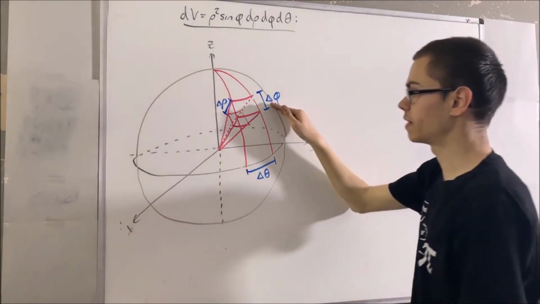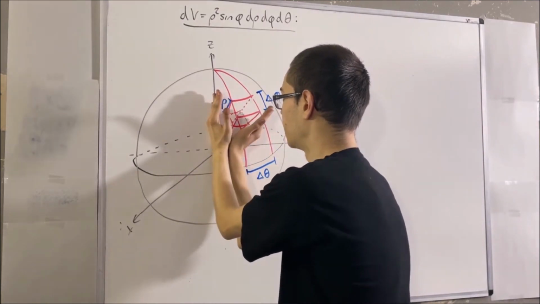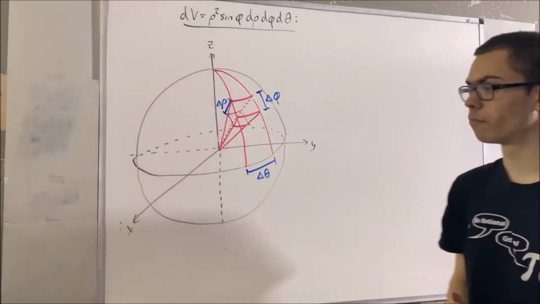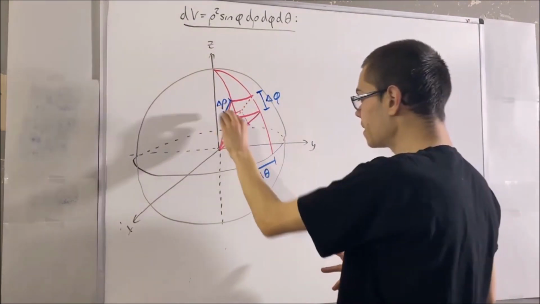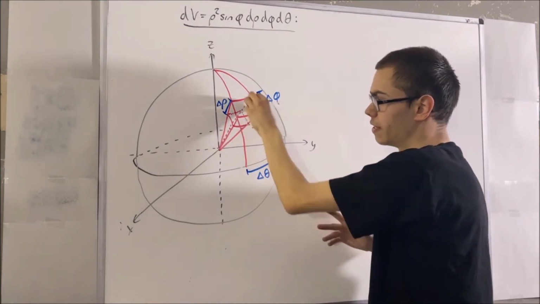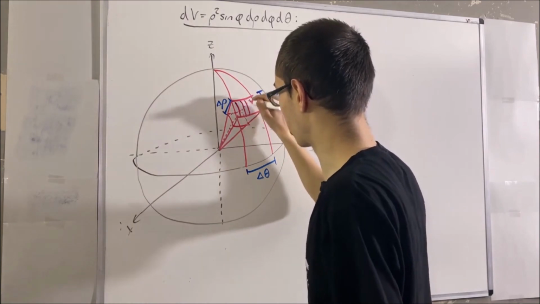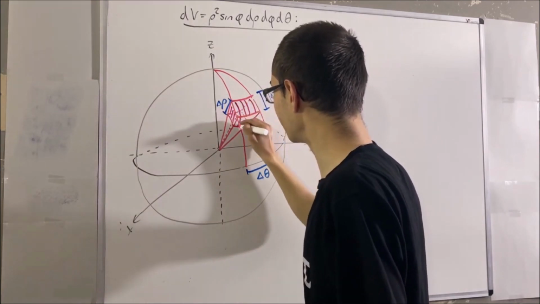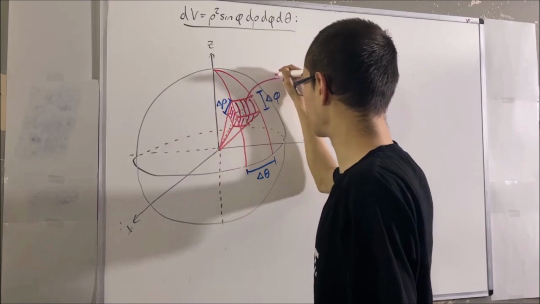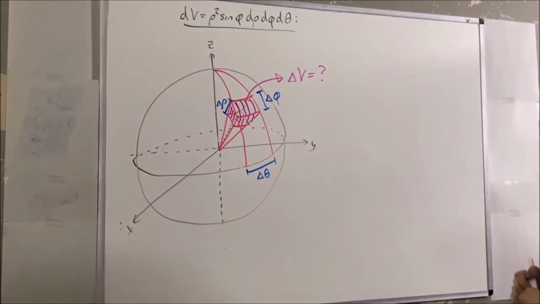Delta phi represents the difference between these two angles measured from the positive z-axis. Right? So these three spherical constraints yield this weird-looking volume. It's sort of like a cube-like structure. So what is the volume of this cube-like structure? That's the question that we're going to answer in this video.